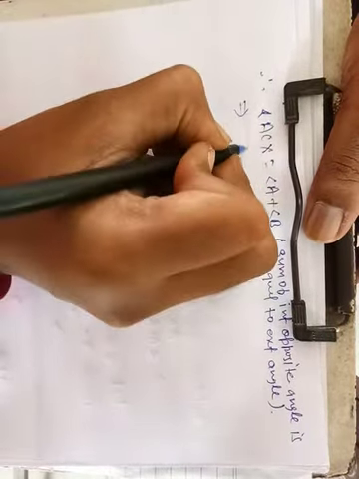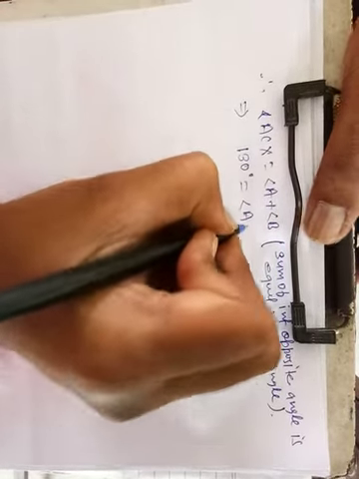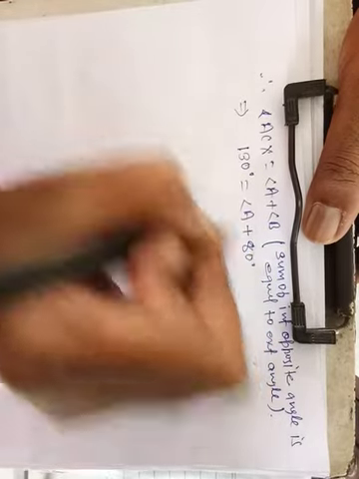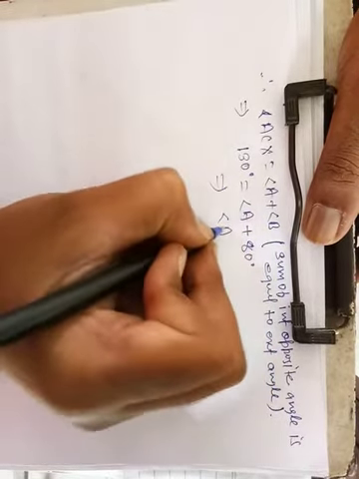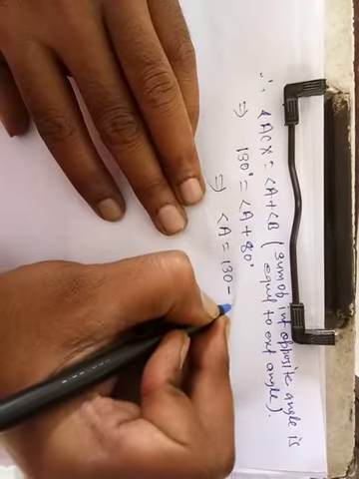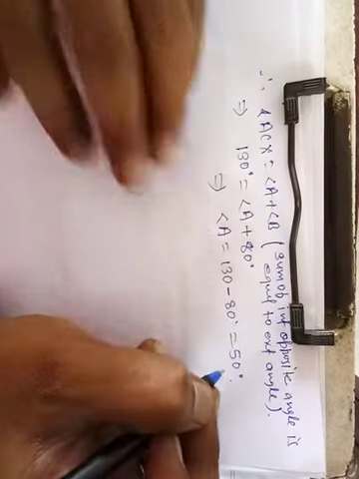Here angle ACX is equal to 130 degrees, angle A is not given but angle B is given, which is 80 degrees. So angle A is equal to 130 minus 80 degrees, that is 50 degrees.